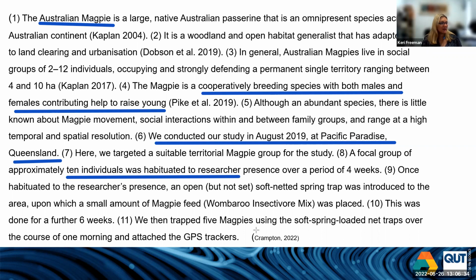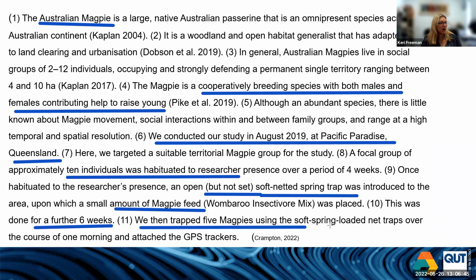Then they had a trap, not set. They lured them with food for 6 weeks. They then trapped 5 of them and attached GPS trackers. All right, tell me, what ethics is happening in here? What have they got to be thinking about?